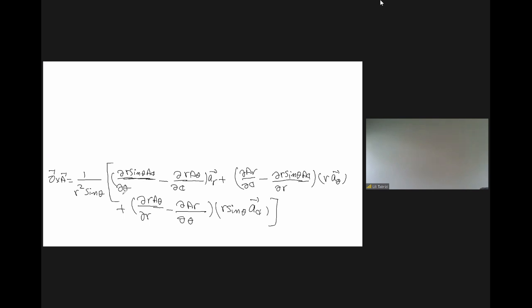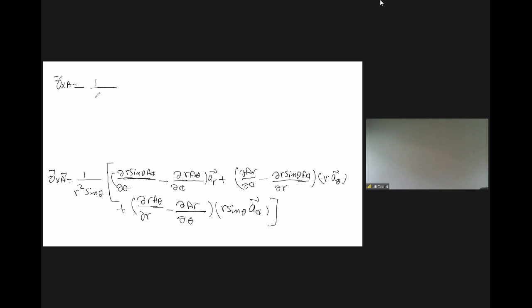This is a derivative with respect to theta. I cannot take theta out, but I can take r out. r cancels one r here. So, curl A. I'm going to write it term by term. Notice that in this case I can move r out, and 1 r cancels 1 r.